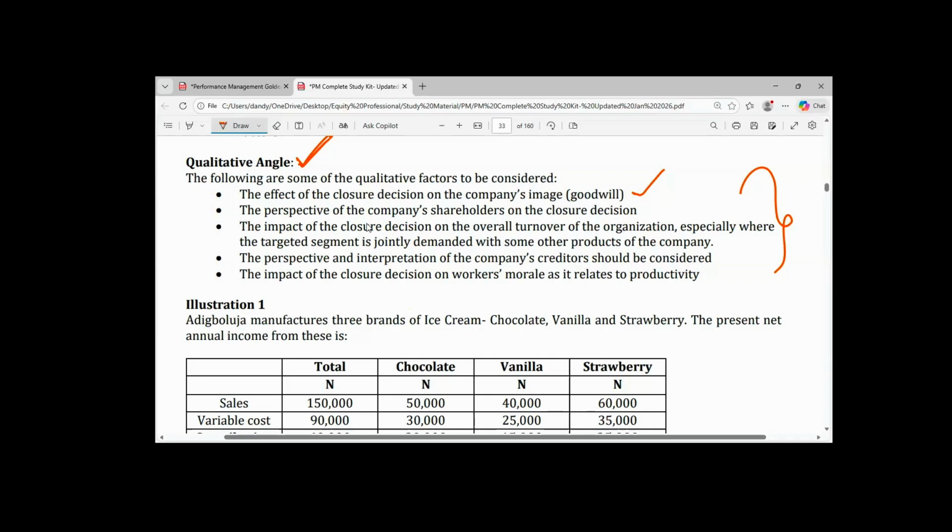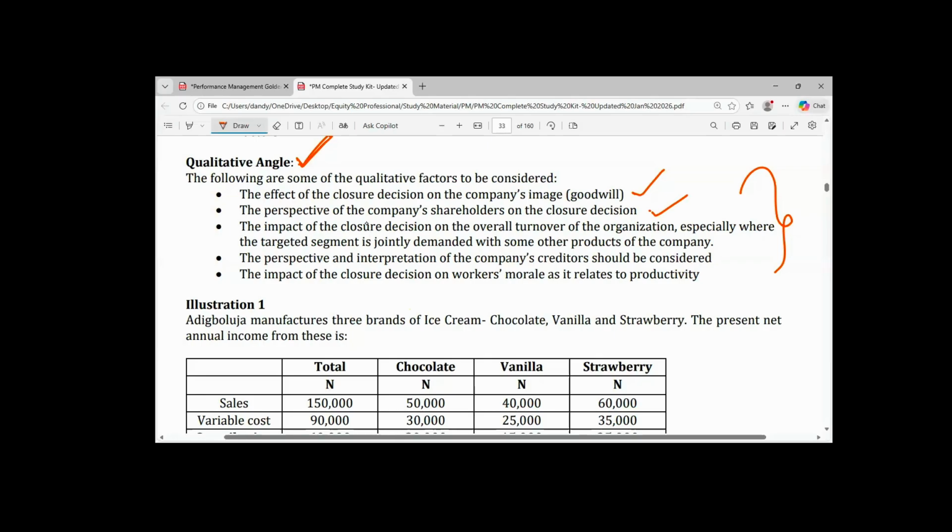It can even resort to organizational politics, because it simply means that you are jettisoning the idea of one of the shareholders, and you want to avoid anything that will create bad blood among the shareholders or even the management team as well. That's why before the final decision is taken, all relevant stakeholders must be aware of the decision that is to be taken.